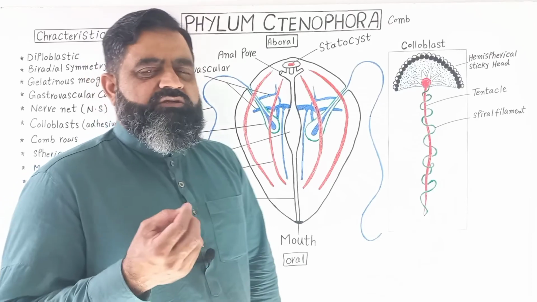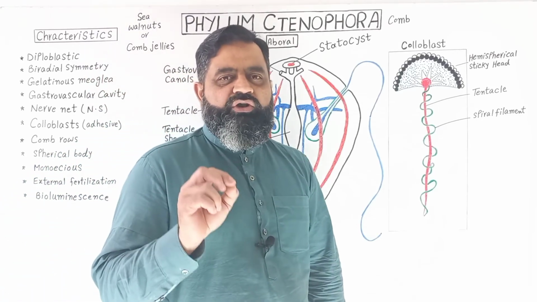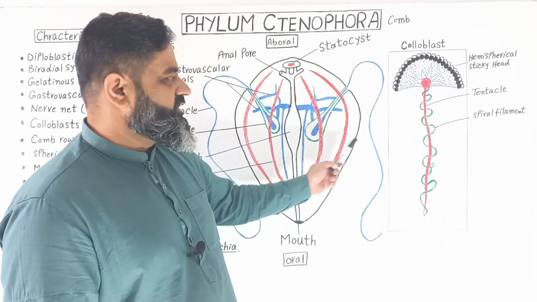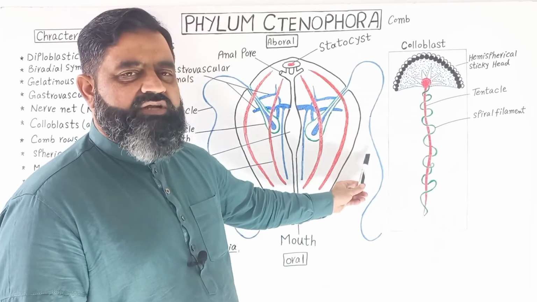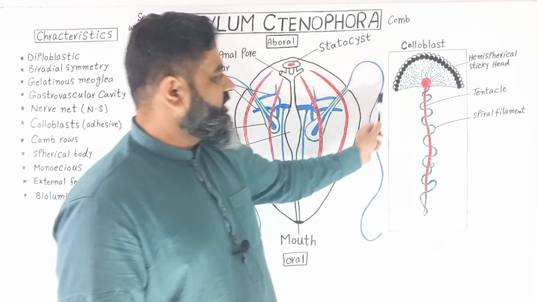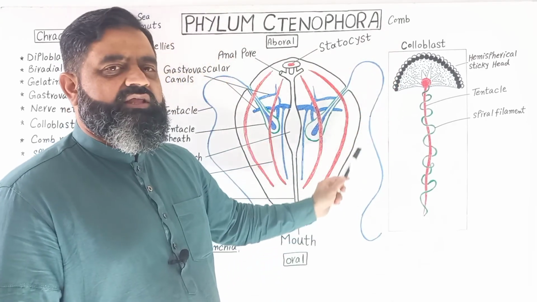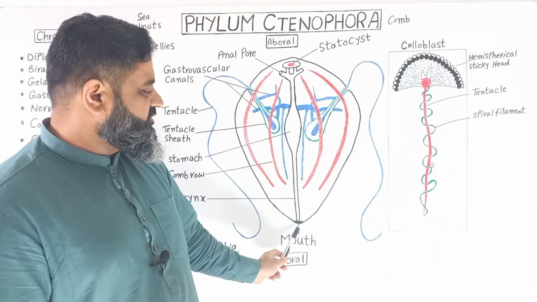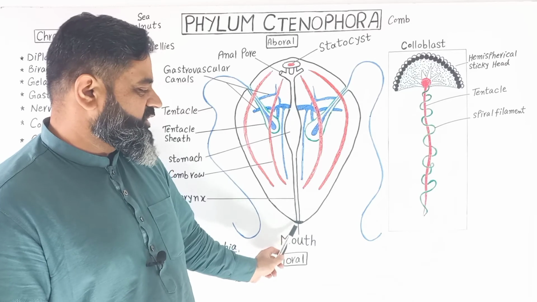When small crustaceans or small rotifers come across the surface of these tentacles, they stick to it, and when many animals stick to the tentacle, they are brushed away and transported to the mouth, where they enter the mouth cavity with water.